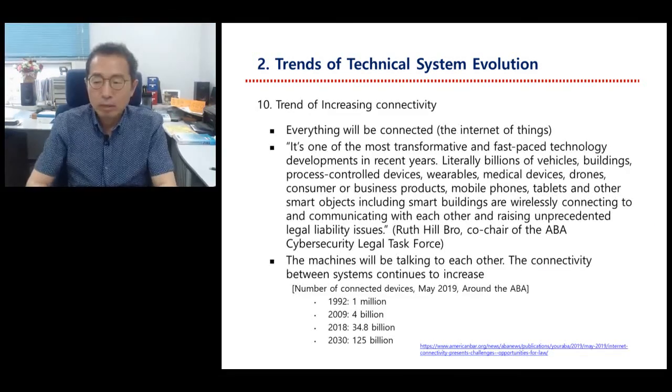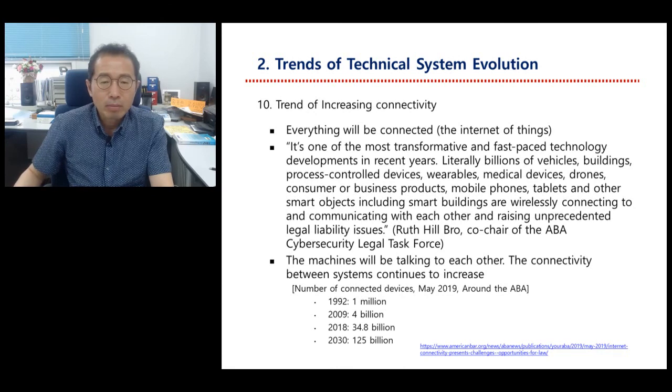The 10th trend is that the connectivity of systems increases. The number of devices connected was 1 million in 1992, but increased to 4 billion in 2009 and 34.8 billion in 2018, and by 2030 it will reach 125 billion.